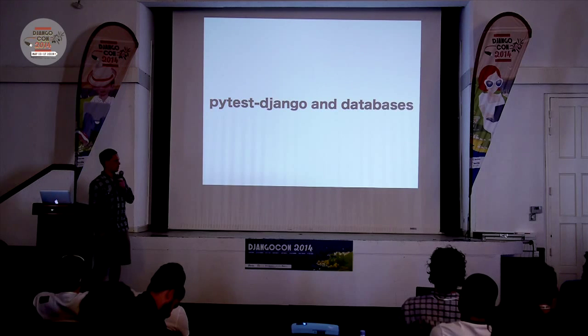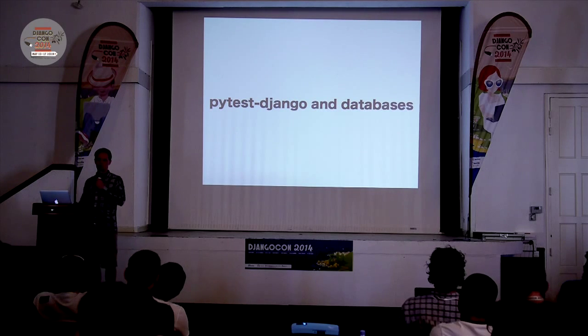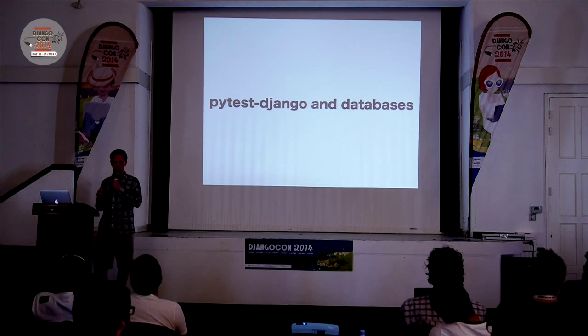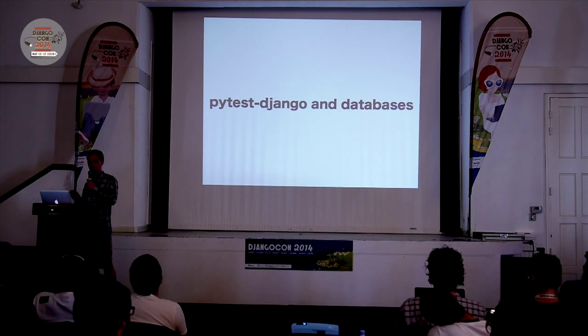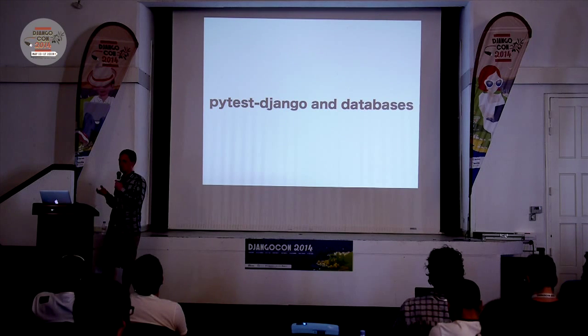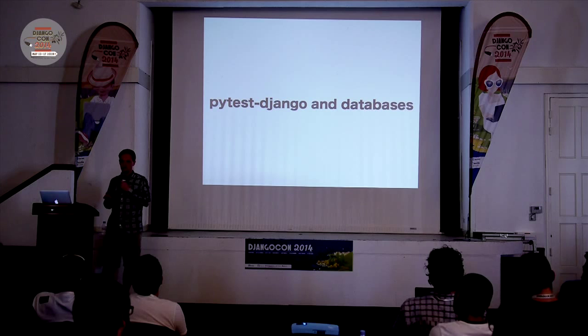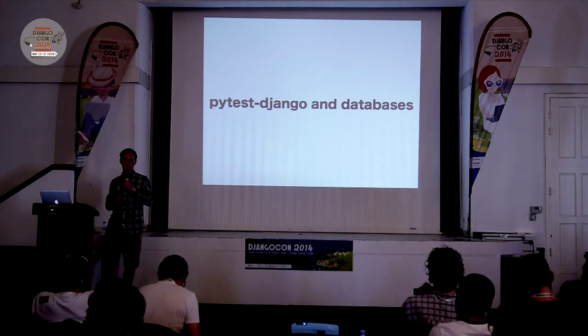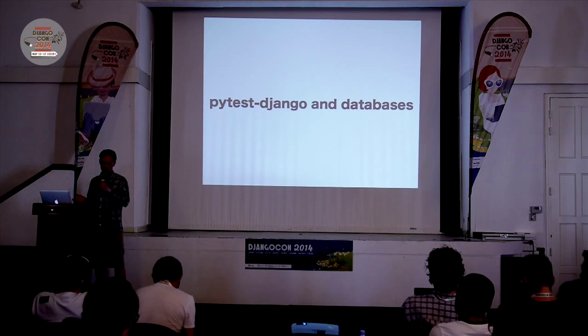So, pytest-django and databases. pytest-django takes a little bit of a different approach from the standard Django test runner when it comes to database access. The difference is, in a Django test run, you have access to the database everywhere, all the time.